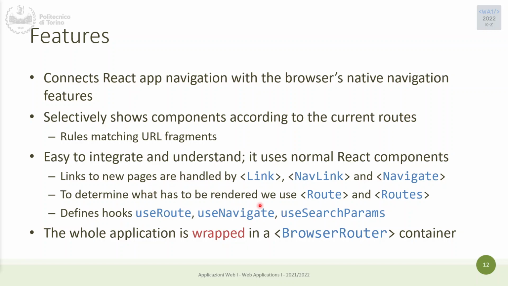You have some components to render, so we have the routes, that is the main component in which you will have to specify the different components, and the route, which is the specific component or specific set of components that you would like to render when a path is matched.